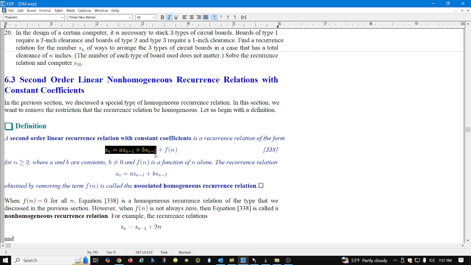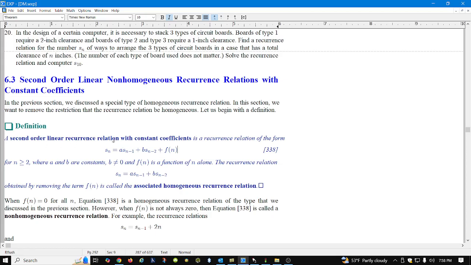This part would be the homogeneous version, and if f of n is non-zero, we have a non-homogeneous recurrence. So a and b are constants, and f of n is a function of n alone. It's not a function of any members of the sequence. If f of n is non-zero for any single value of n, then we have a non-homogeneous recurrence relation.